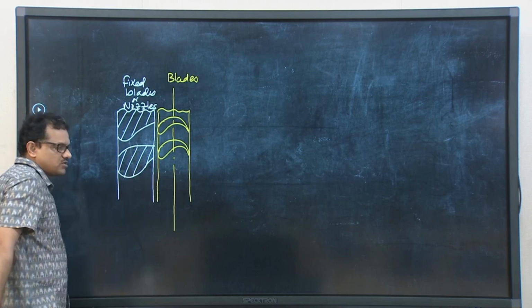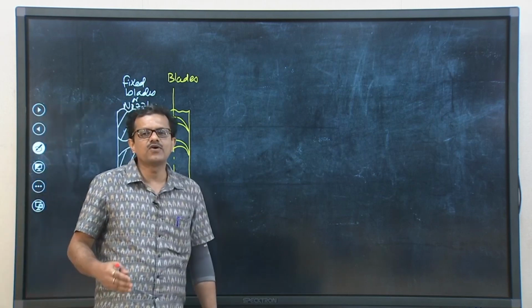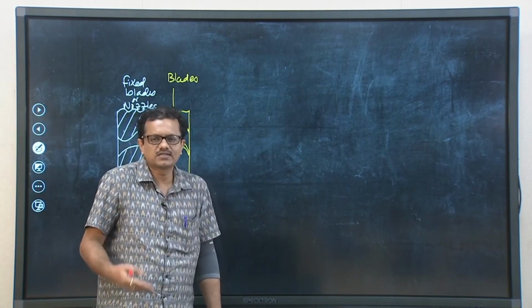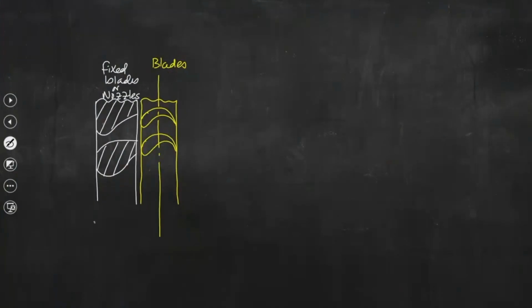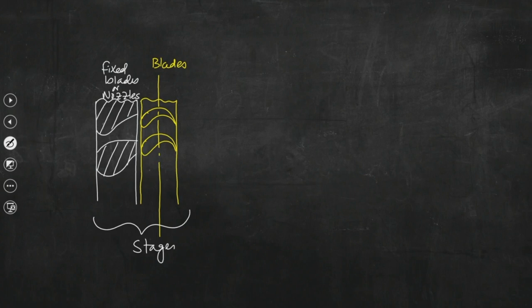These two rows together constitute a stage, and that is the first stage, say. And what we know is that this is the velocity of steam which is entering into the nozzle.